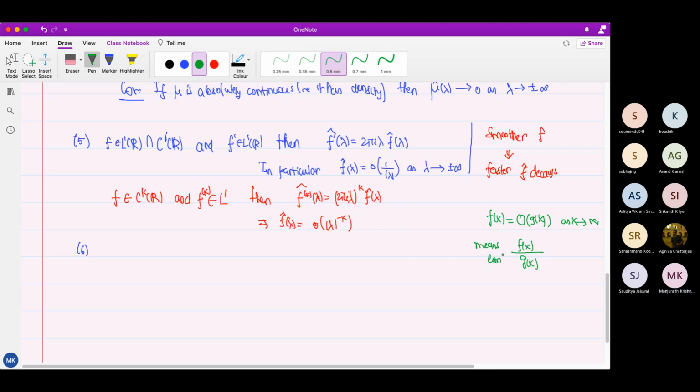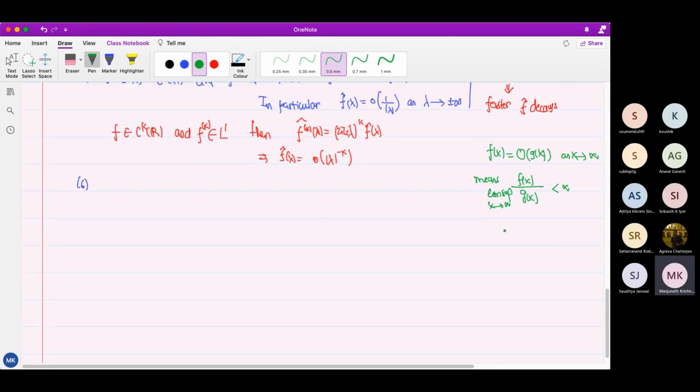The lim sup as x goes to infinity is finite. Whereas little o means that it is 0. f(x) by g(x) actually goes to 0. All these are positive functions, that's how I'm thinking, mod f of x. So this is going to 0.